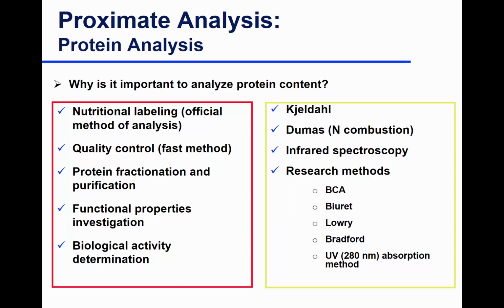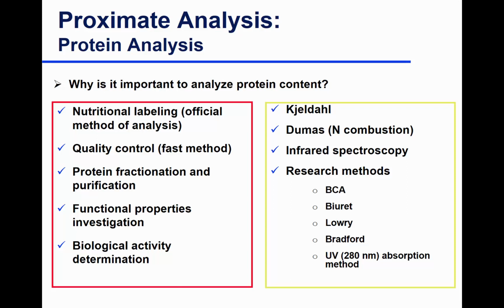Okay, so there are many methods to determine proteins, but the official methods of analyses are Kjeldahl and Dumas. Both methods you will learn next week in lab, and both methods can be used for nutritional labeling.